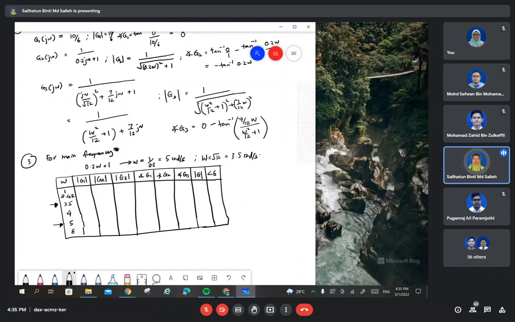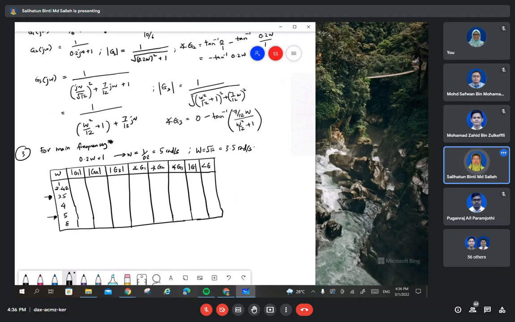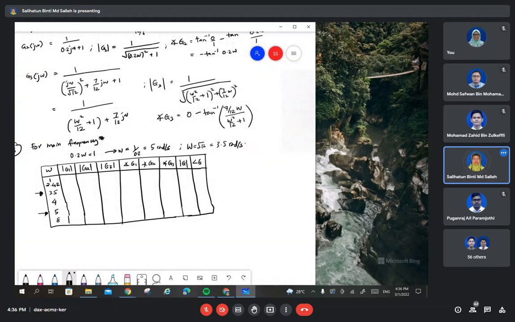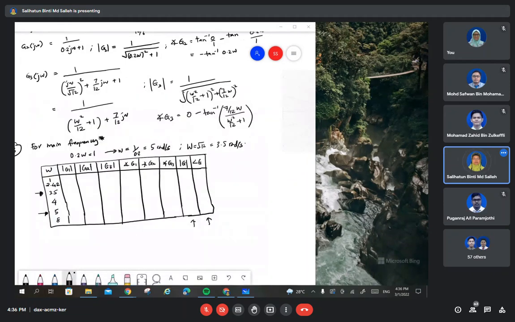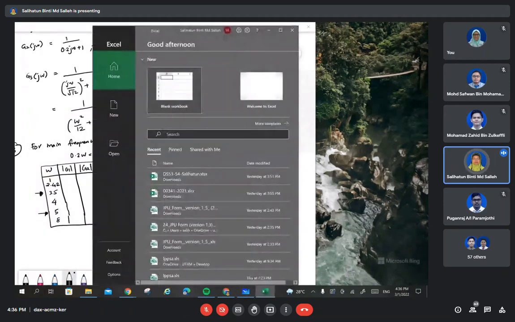We need to have more than 5 so that you can draw the Nyquist in proper way. So how to calculate our G and the phase angle? Let us use Excel.